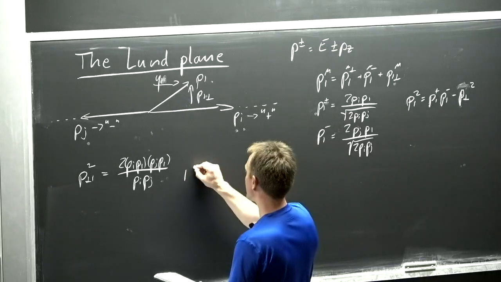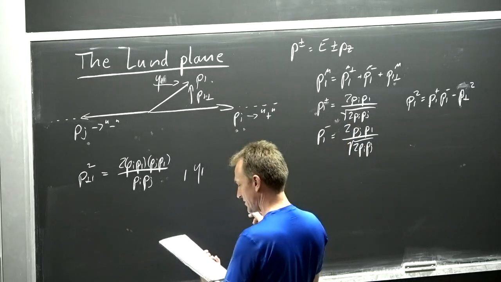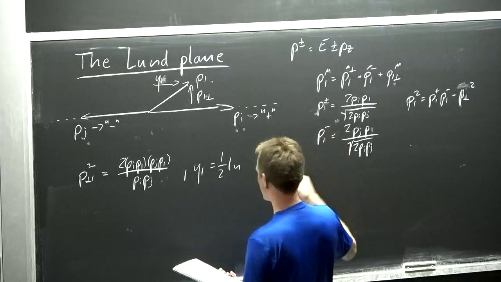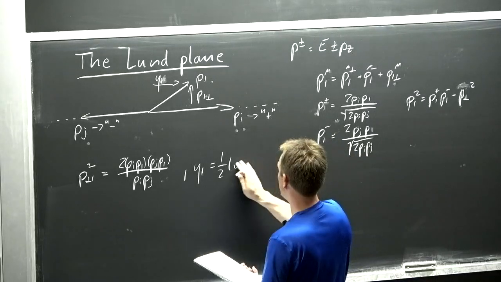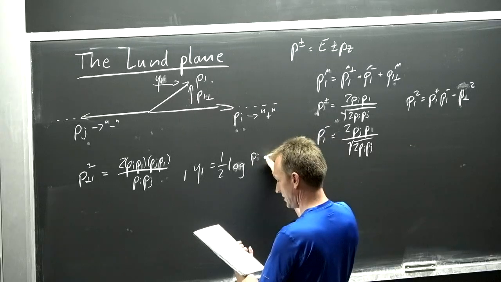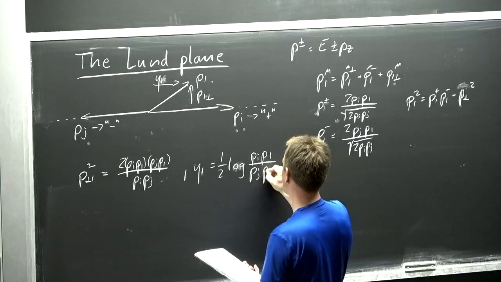And I can also calculate the rapidity using these formula here. And this is where the normalization drops out, and this is why I didn't care how I normalize it. This is just the logarithm of Pi P1 over Pj P1.